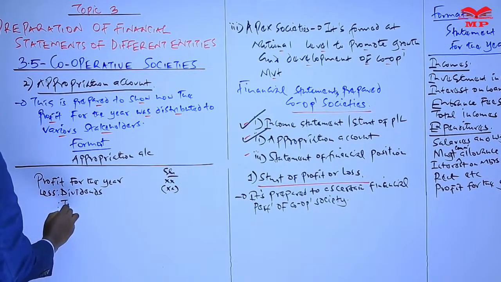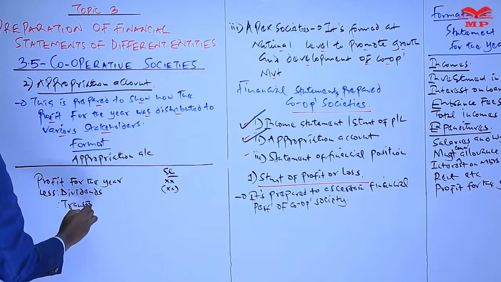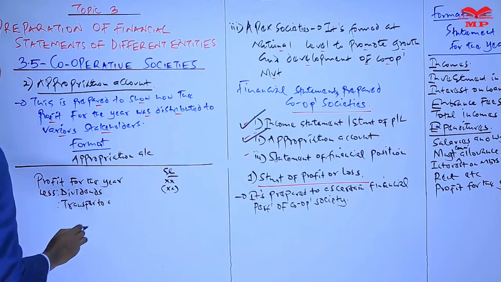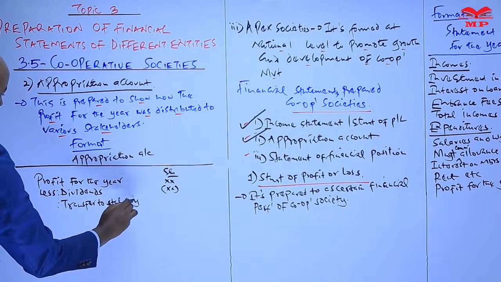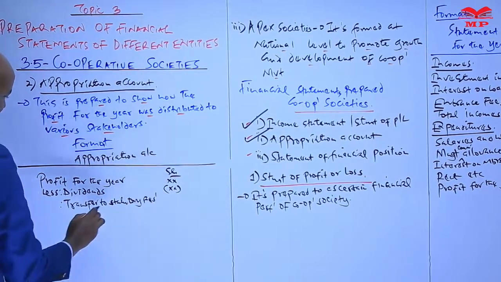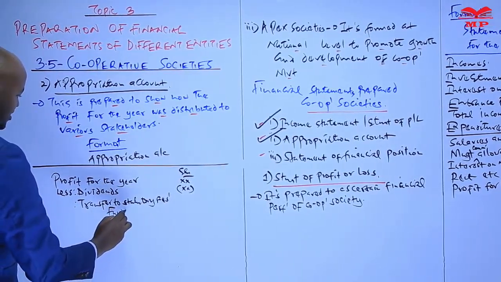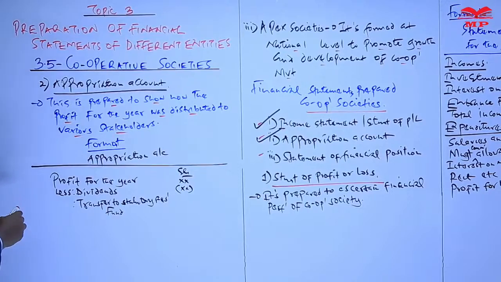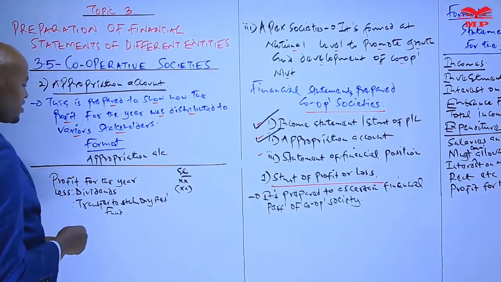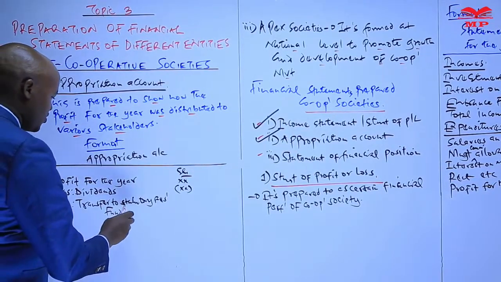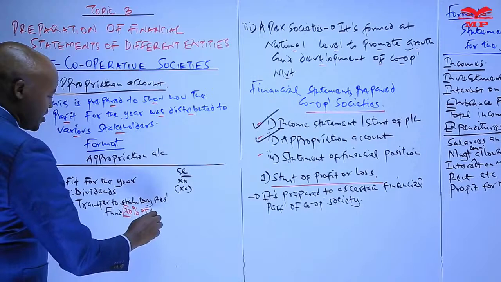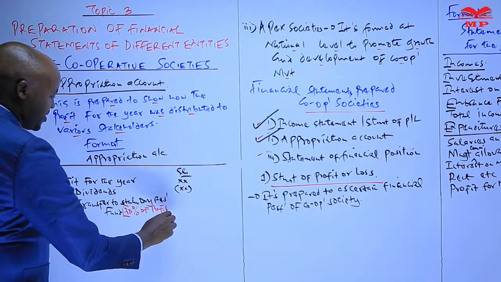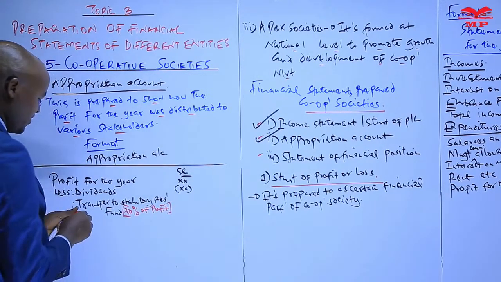We also deduct the transfer to the statutory reserve fund. In this case, the amount to be transferred to the statutory reserve fund, according to the Cooperative Societies Act, is always 20% of the profit for the year.